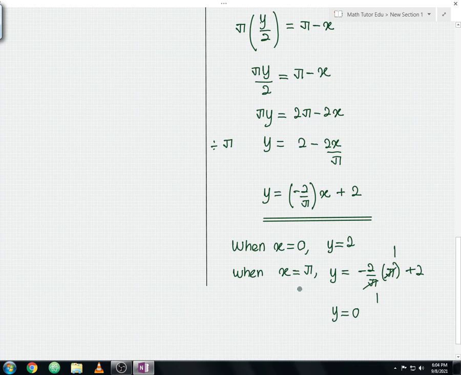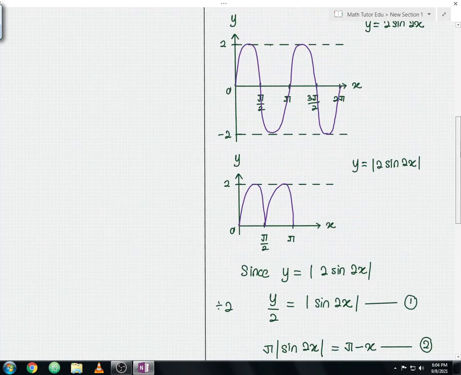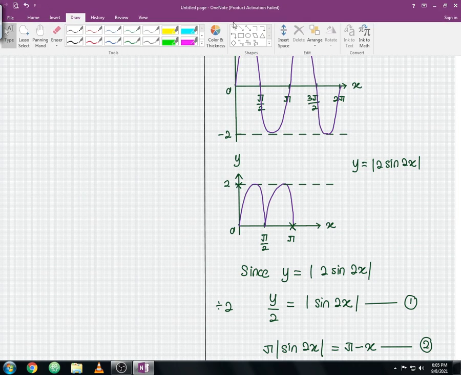Okay, so in this case this is your x-intercept and this is your y-intercept. So these 2 points we're going to plot in this diagram that you have earlier sketched. Okay, so these are the 2 points. This is the first one, the y-intercept, and this is the second one, the x-intercept. Now what we're going to do is draw a straight line. Let me draw the straight line now.